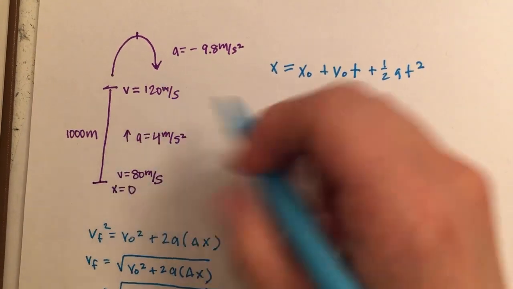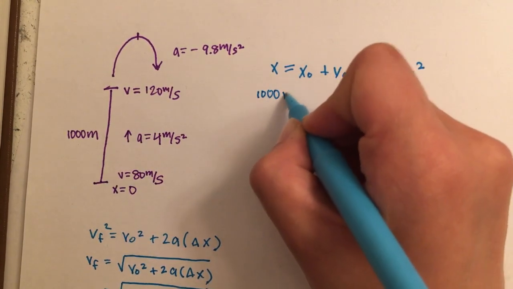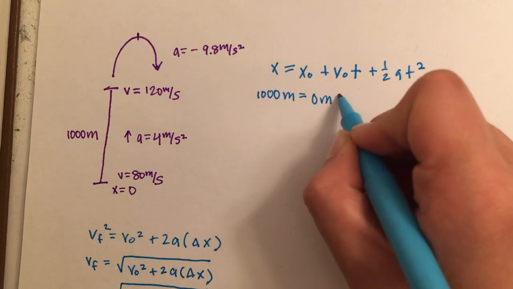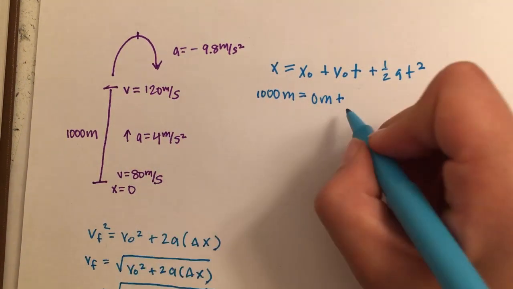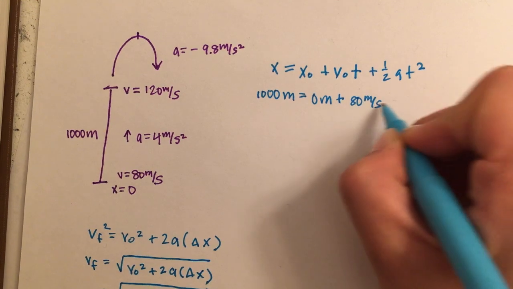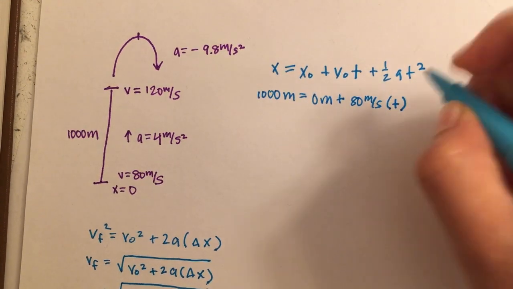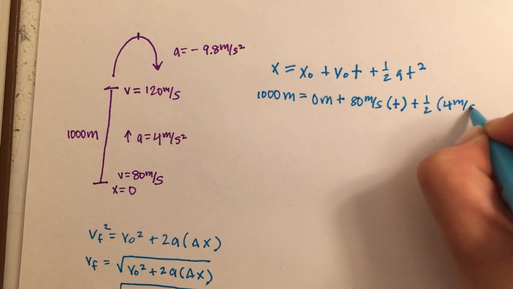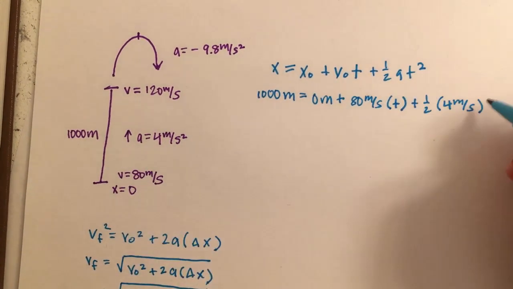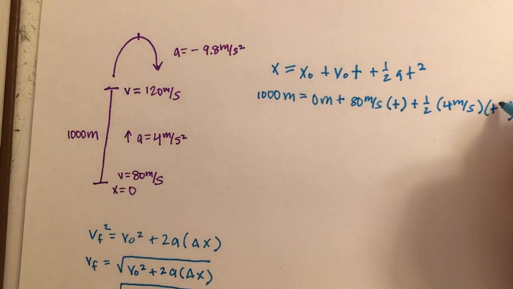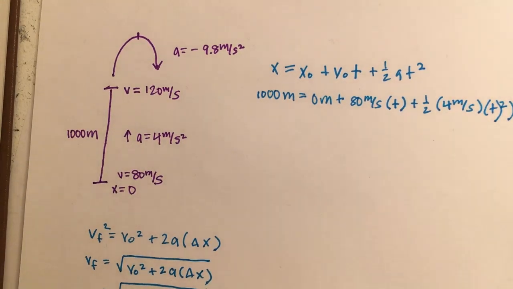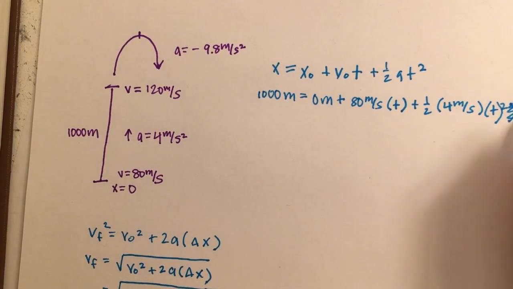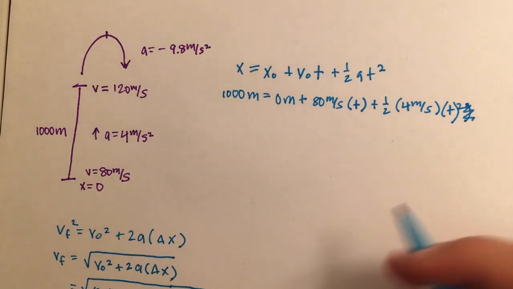We know the rocket traveled 1,000 meters, so 1,000 meters, and this is where x is 0, so 0 meters. The initial velocity is 80 meters per second, and we're trying to find the time, t, plus 1/2 the acceleration, which is 4 meters per second squared, times t squared.